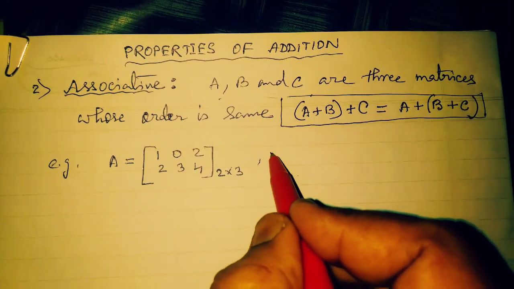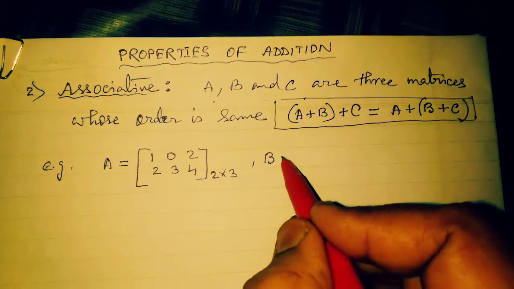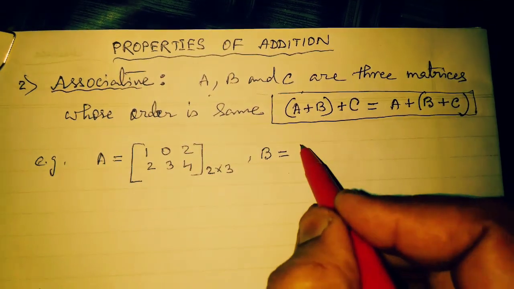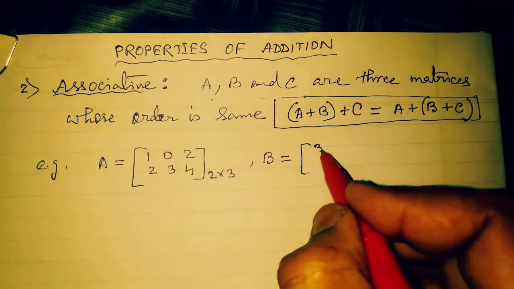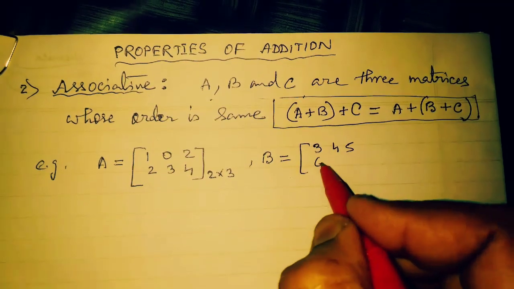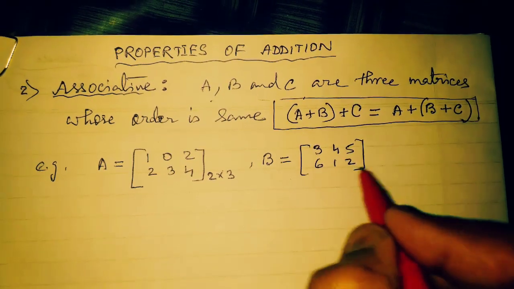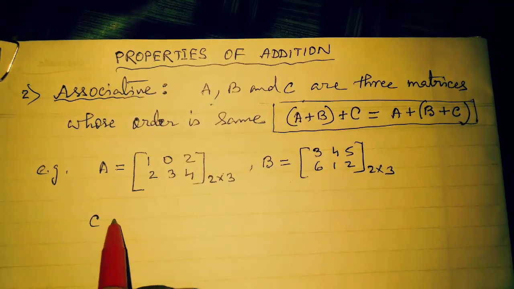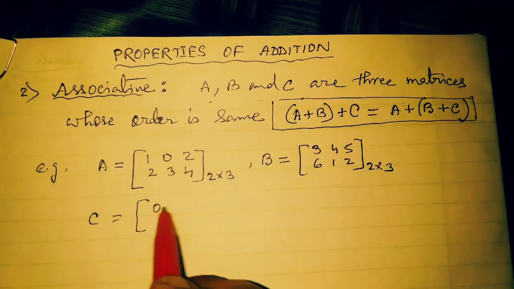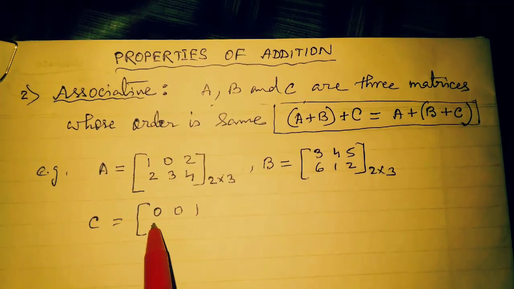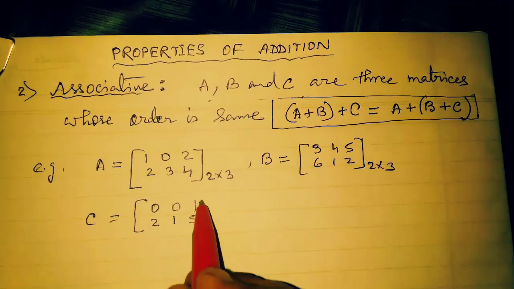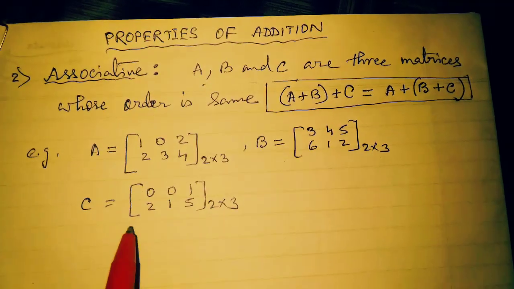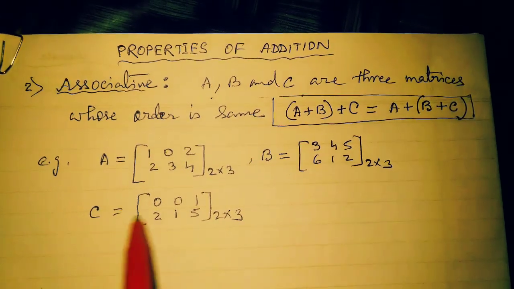Similarly, I'll take matrix B, suppose 3 4 5 6 1 2. This is also a 2 into 3 matrix. Another matrix C, suppose 0 0 1 2 1 5. This is also a 2 into 3 matrix. We see all three matrices have the same order.